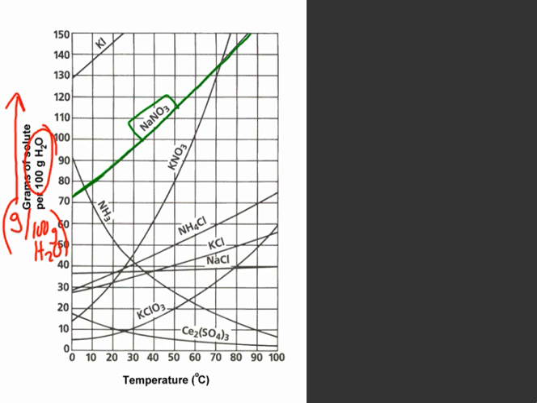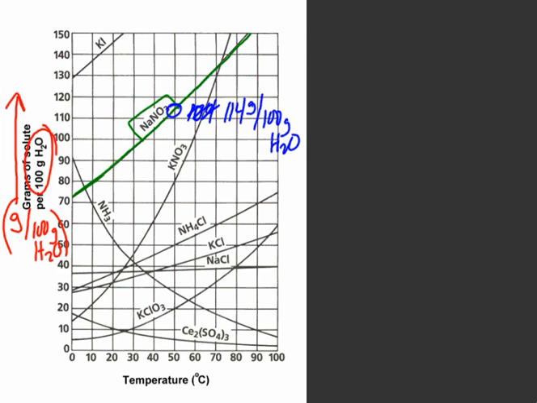So looking over here, if I had a saturated solution at let's go 50 degrees Celsius, which means I'm right here. Okay, so that's about 114 grams per 100 grams of water.